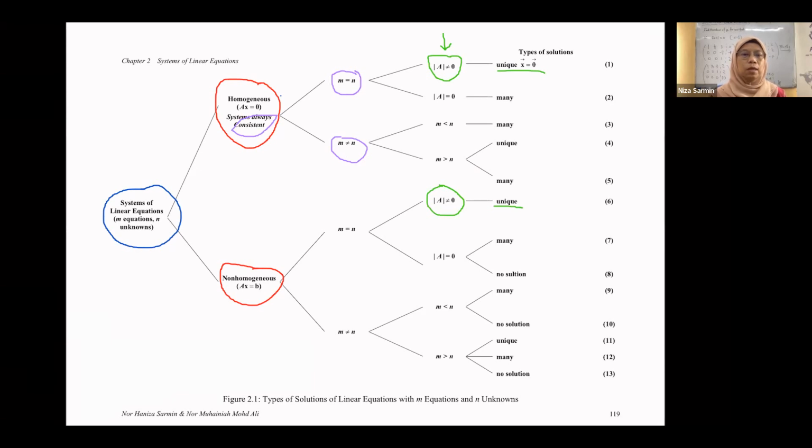Okay, this is when m equals n. So m equals n, determinant is not 0, you will always get a unique solution.